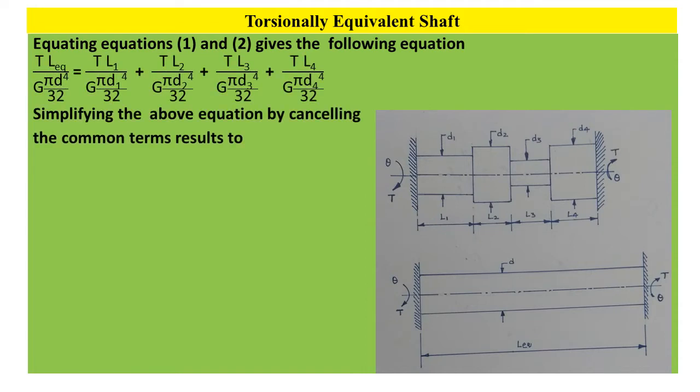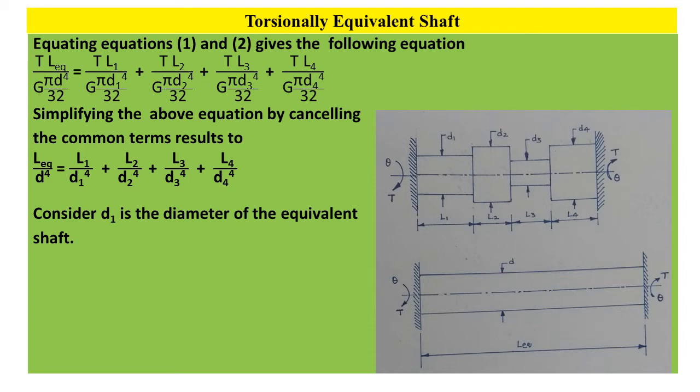Simplifying the above equation by cancelling the common terms results in LEQ by d to the power of 4 equals L1 by d1 to the power of 4 plus L2 by d2 to the power of 4 plus L3 by d3 to the power of 4 plus L4 by d4 to the power of 4.